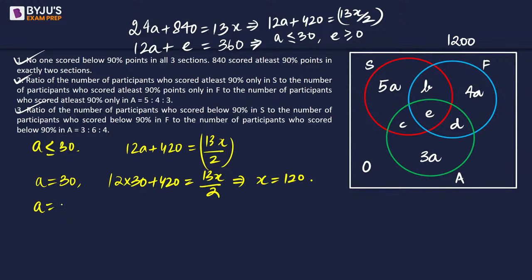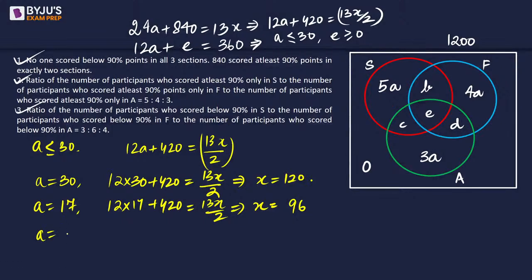So the next value is going to be when a is 17. So this becomes 12 into 17 plus 420 is equal to 13x by 2. So x की value automatically is going to change by 24. So this is 24 से कम हो जाएगा. So this is going to be 96.